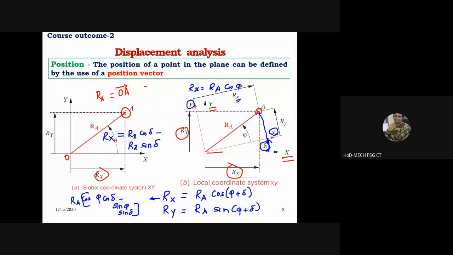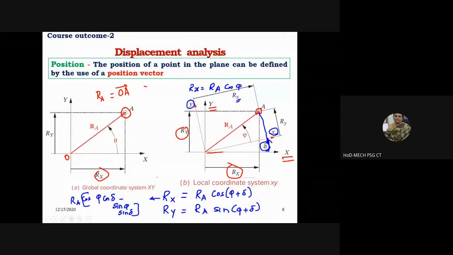So you can establish the relationship between the coordinates of the global coordinate system, the original coordinate system, and the coordinates of the local coordinate system. So this will come in handy when you analyze mechanisms for position, velocity and acceleration using the analytical method.